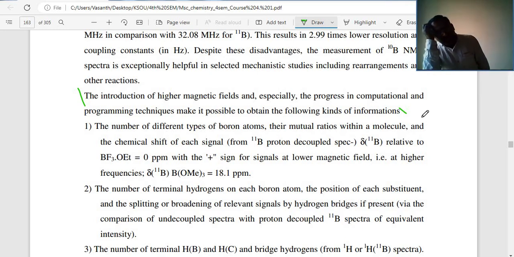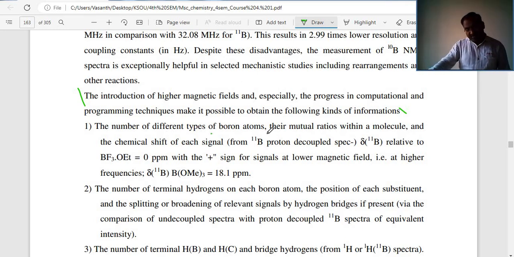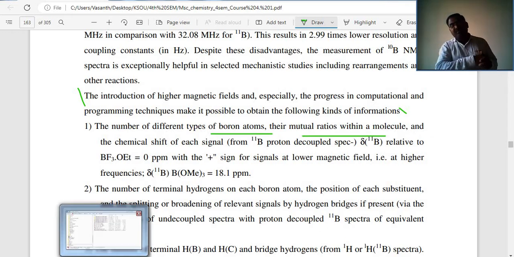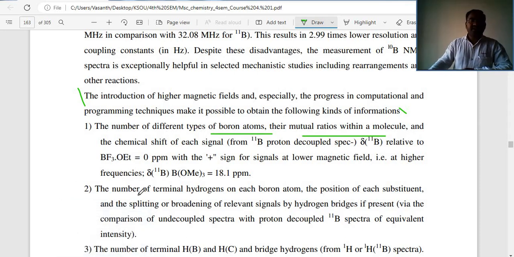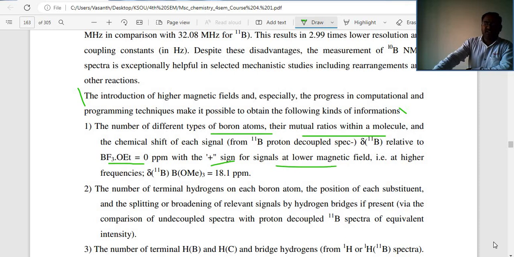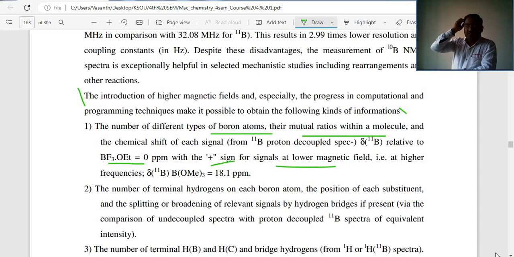The number of different types of boron atoms, their mutual ratio in a molecule, and the chemical shift of each signal relative to BF3·OEt2, in ppm, with the positive sign for signals at lower magnetic field and higher frequencies.